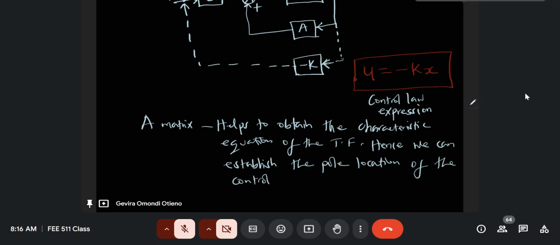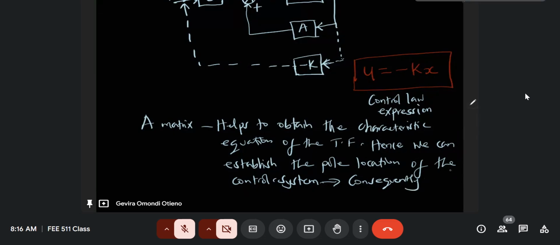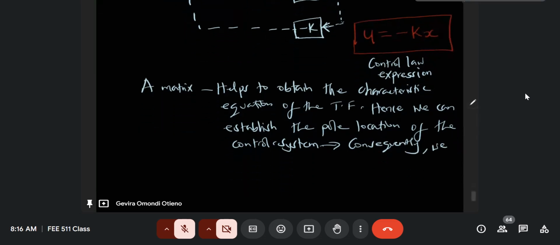So that's how important the A matrix is. And because we are able to determine the pole location, we can now know whether the system is stable or not. Consequently, we can determine whether the system is stable or not.